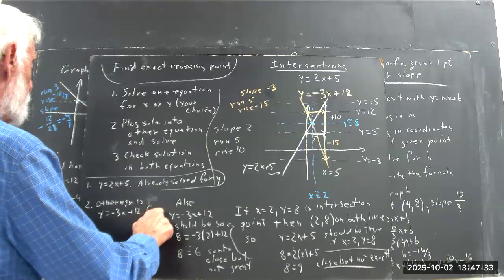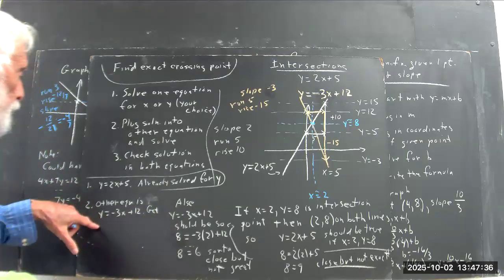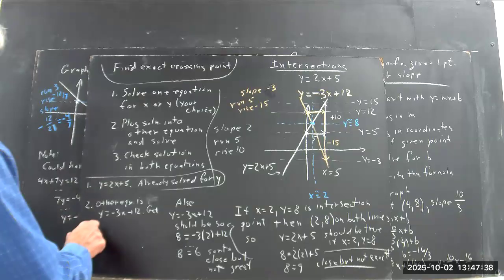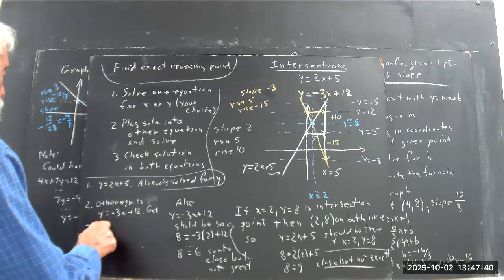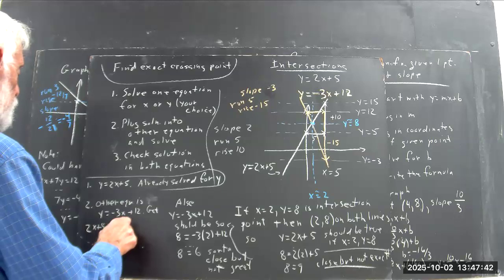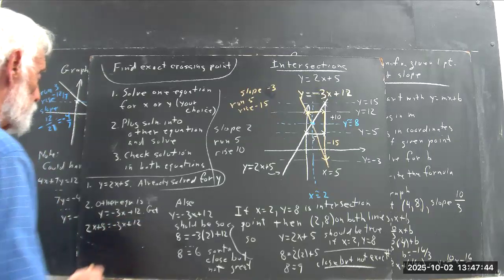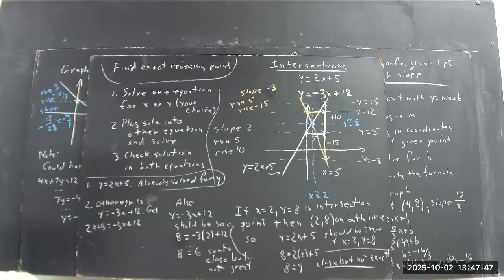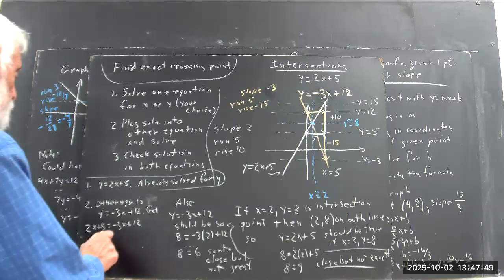If we replace y here by the y we have up here, we get 2x plus 5 equals -3x plus 12. And we easily solve that.